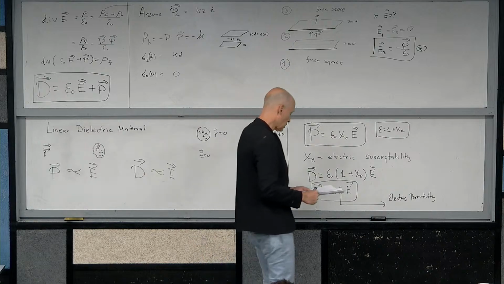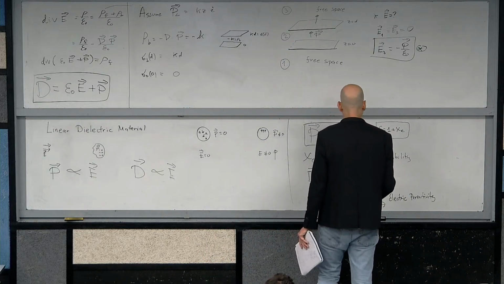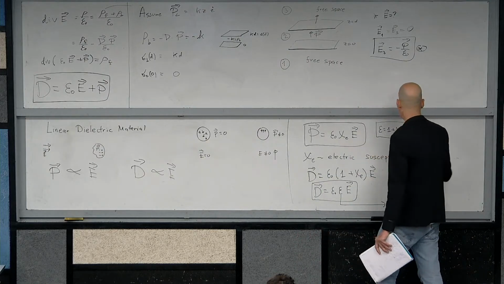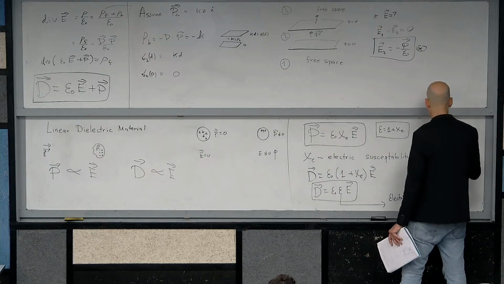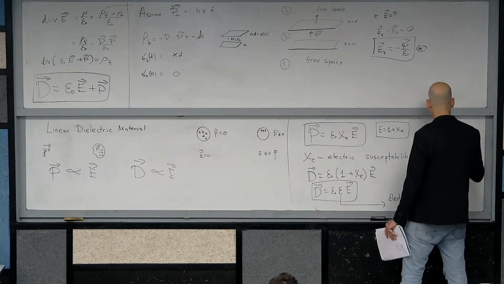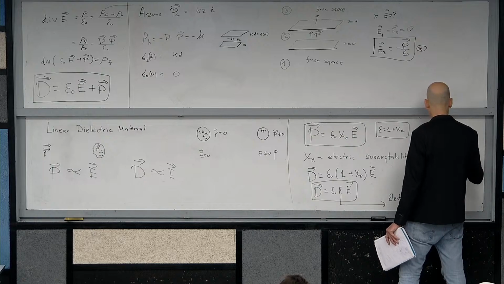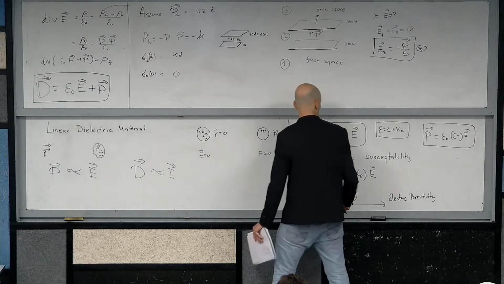So this is this thing, and then okay, if I take the definitions back here, so I have here P, I can reverse it, then I have epsilon 0, then this chi e is epsilon minus 1 times E. And again, Griffiths used epsilon R, R for relative.